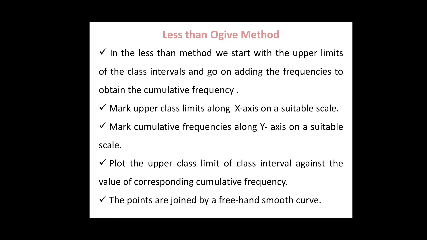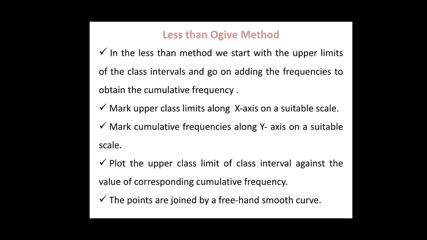Then mark upper class limits along the x-axis on a suitable scale. Mark cumulative frequencies along the y-axis, or we can say vertical axis, on a suitable scale. After that, plot the upper class limits of class interval against the value of corresponding cumulative frequency.